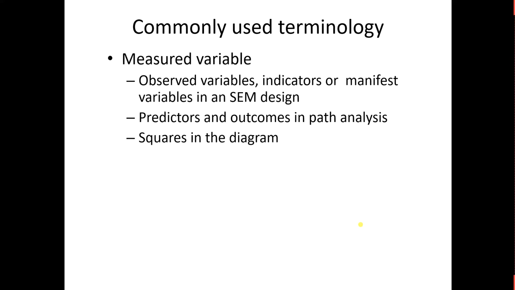Now, I will introduce the commonly used terminology in structural equation modeling. First, we should know measured variables, the variables that the researcher have directly measured using some psychometric tool or some experimental procedure. And these measured variables are also called observed variables, indicators, or manifest variables in the structural equation modeling language or design.